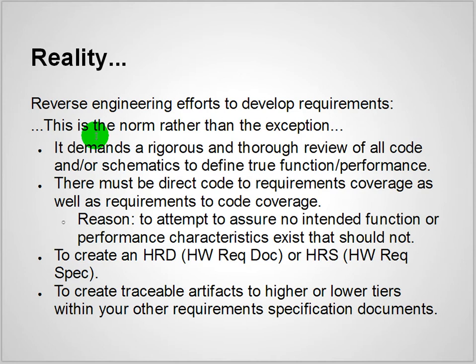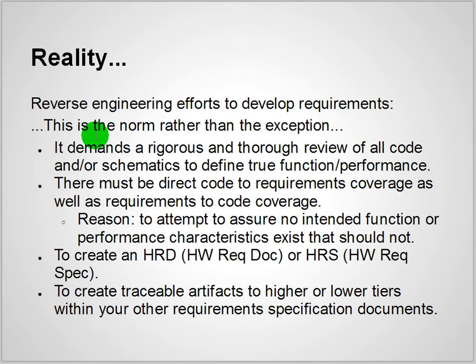Alright, so in doing the reverse engineering, you have to have coverage for the requirements. So in other words, you have code and you have requirements. Code cannot exist without requirements, and requirements cannot exist without code. The reason is, if you have code and no requirements to match that code, then code shouldn't exist. If you have requirements and no code, then you've overlooked functionality.